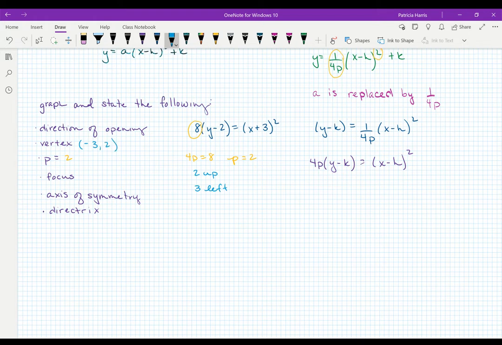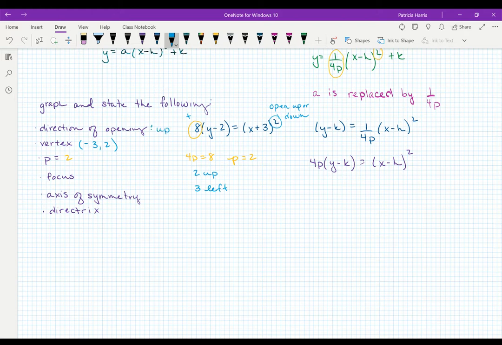Now, if you have the vertex, you have the axis of symmetry. Now let's talk about direction of opening before we talk about axis of symmetry. Notice who's squared here. X is squared. So that tells you that you open up or you open down. Now, if we look at our 4p value, this is a positive value, so we know we open up.